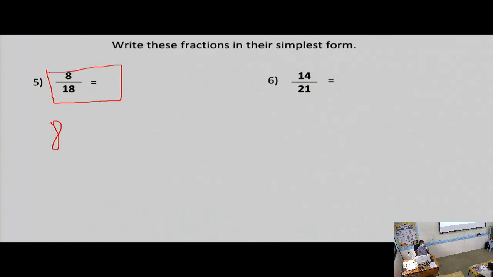Oh, this is 8 and 18, meaning they are both divisible by 2 since they are even numbers. What would be the answer? Hey, I asked you to listen, right? And you're not even listening. What's the answer? Hey, mister, don't give him the answer. What's the answer?